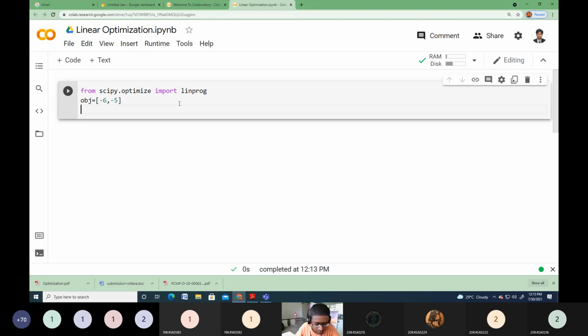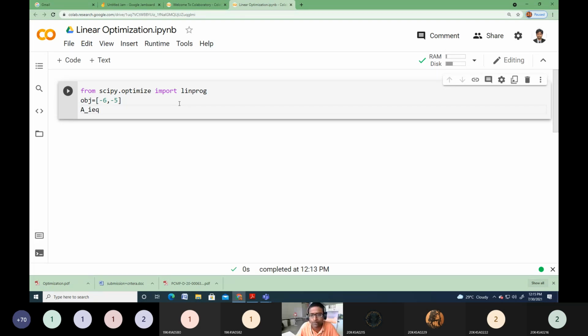Now I want to create one more variable to hold the coefficients of the inequality constraint equations. We have two inequality constraints, and there is one matrix which holds their coefficients. So A underscore IEQ.